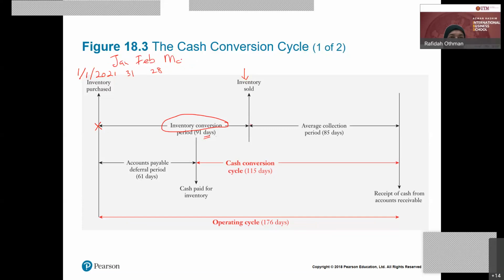So March 31. Yes, 31, right? So 31st March 2021, you sell the inventory and it takes 85 days.